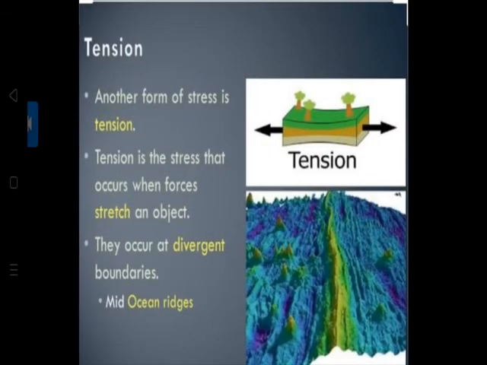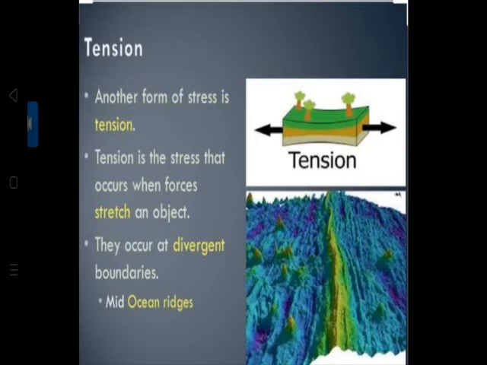Another form of stress is tension. Tension is the stress that occurs when forces stretch an object. Look at the first small figure where there are two arrows shown to the left and right. You can see in between it's sinking, and from the left and right it's stretching out on both sides.